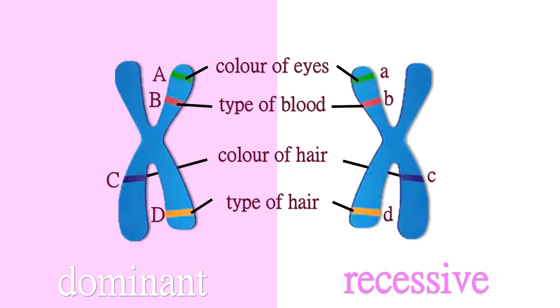Allele B controls the type of blood. Allele C controls the color of the hair. And finally, allele D controls the type of hair. A dominant allele is written in capital letter, meanwhile a recessive allele is written in small letter.